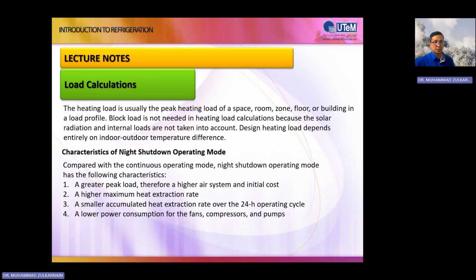So from this condition, we can understand where is the beginning of the cooling load, where is the constant cooling load, and where is the peak of the cooling load. From this characteristic, we try to combine the cooling load. We have a sensor to read the space. Once the space temperature increases, the refrigeration can activate more load to reject the heat.